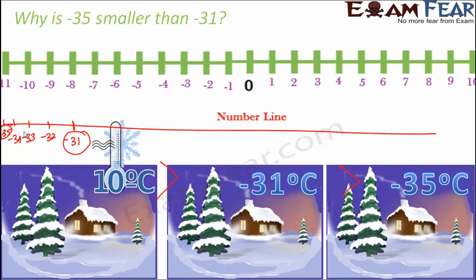And we know that as you move towards the right, you move towards bigger numbers. So that proves that minus 31 is bigger than minus 35. So whenever you have to compare two negative numbers, forget about their sign. Look at the value of the number which is smaller. Overall, that number would be the bigger number.